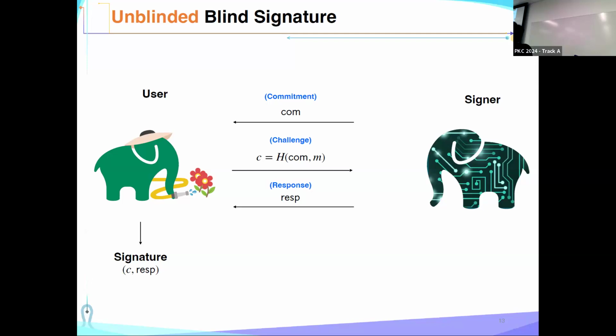This is true because every sigma protocol-based blind signature is built from this unblinded blind signature first, and they have to design some special mechanism to mask this challenge, and another mechanism to make sure that after receiving this response, you can turn this response into a different response so that the signer cannot tell the difference. But here, for the simplicity of the discussion, let's just consider this unblinded version of the blind signature first.